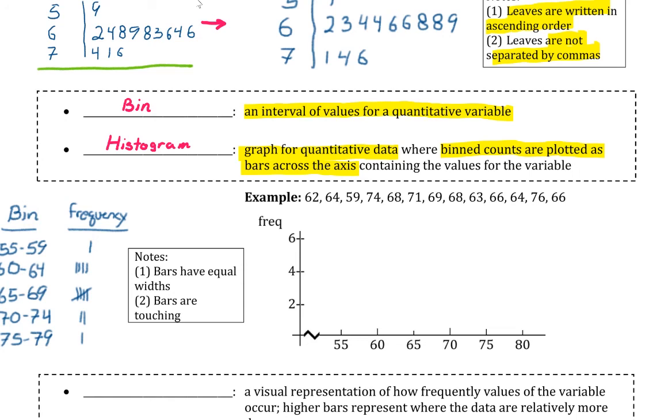And then we'll create a frequency distribution showing how many of the values fall within each bin. And then to create our histogram, we'll create bars that have equal width where the bars are touching. So a frequency histogram might look something like this.